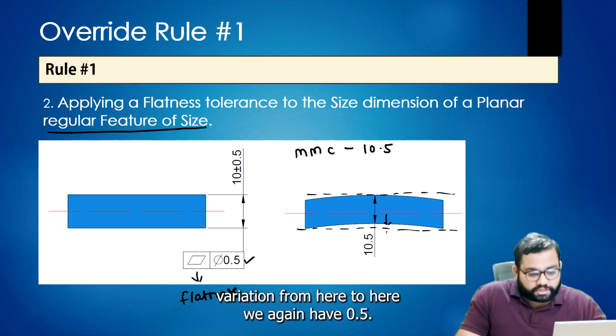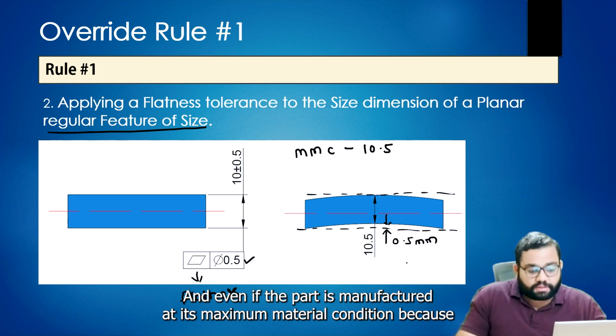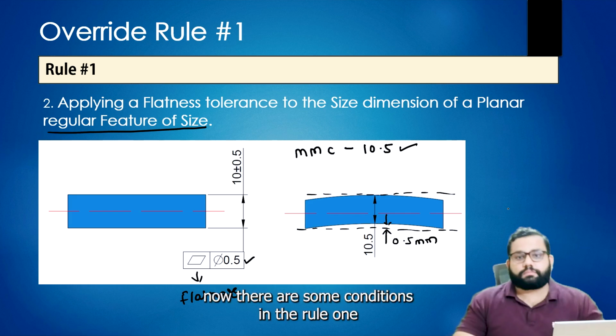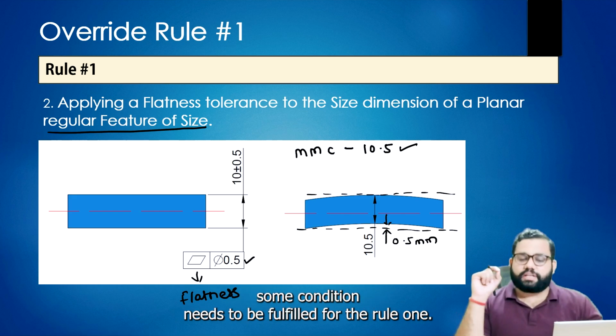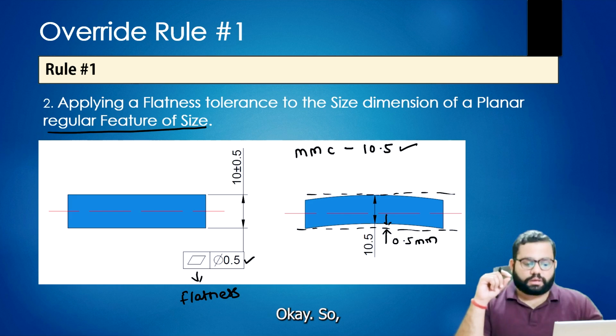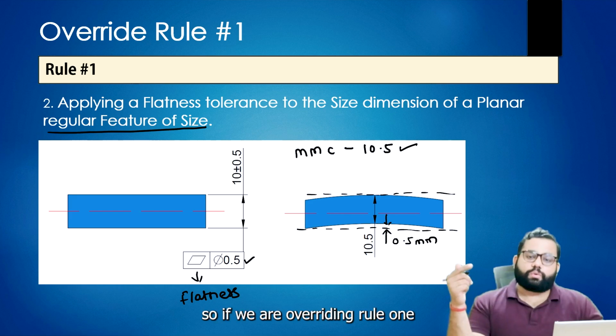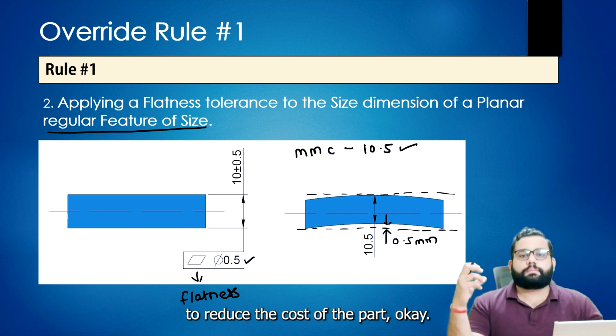So this variation from here to here can be 0.5 mm, even if the part is manufactured at its maximum material condition. Because there are some conditions in rule 1, which we understood in the previous session, that need to be fulfilled for rule 1. So we are overriding rule 1 to reduce the cost of the part.